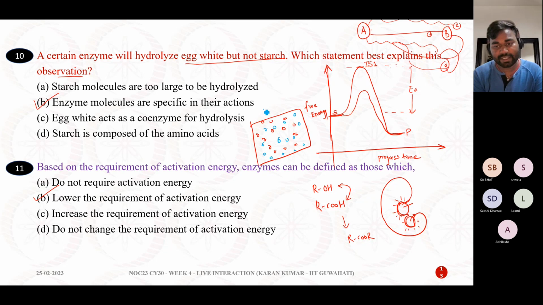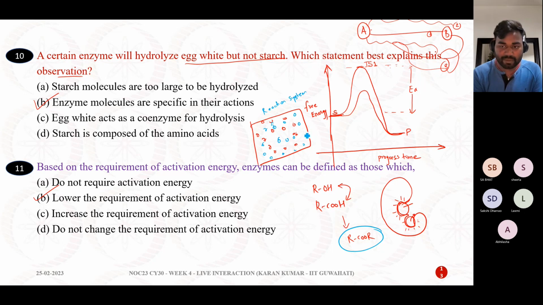Only if there is a fruitful collision between the two reactants will you get the product. In the absence of enzyme, there might be some fruitful collisions, but some collisions are not fruitful at all, and you will not get the product. Thereby the reaction will be slower.